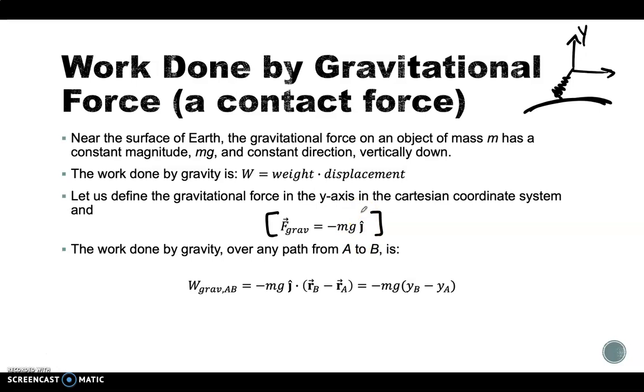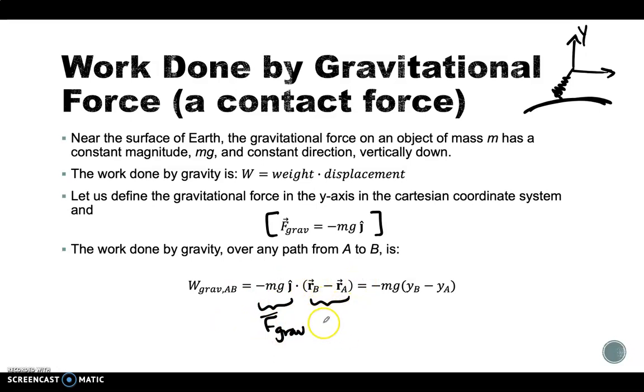And so the work done by gravity over any path from A to B is going to be this: negative mg j hat, which is our F grav, and this is from before when we were looking at our paths over some constant force.